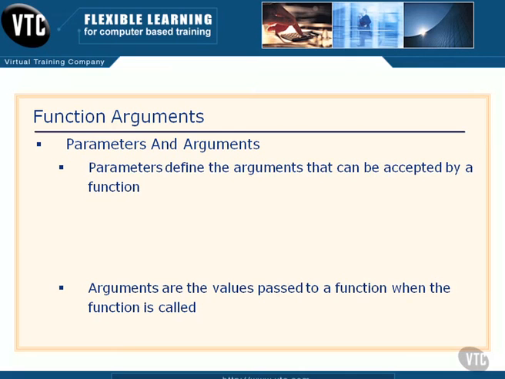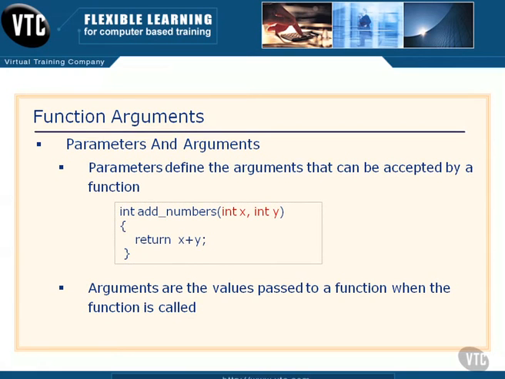Now, if you remember, in the Function Basics video I talked about how parameters define the arguments, and then the arguments are the values that are passed to a function when it's called. Okay, so when I create a function, I am going to include here the two arguments that I'm looking to accept when it gets called, and these are at this point parameters.